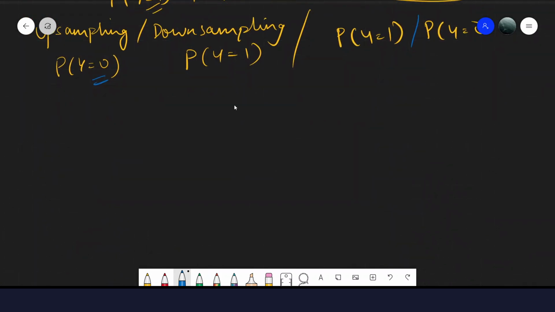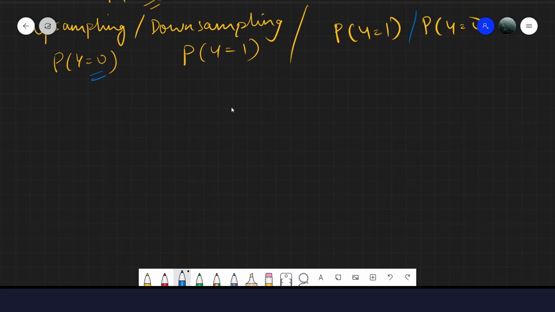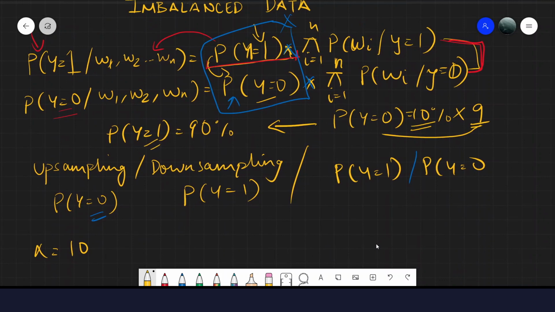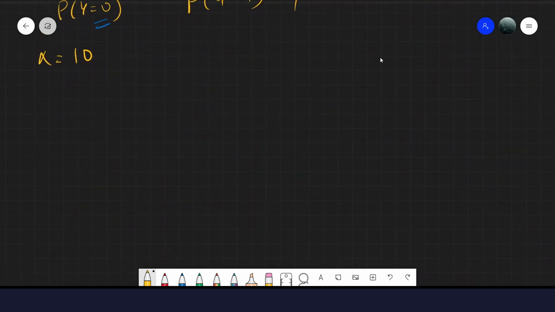Now, one other thing which people can assume that happens is, when you set the value of alpha, like we saw in the previous video on additive smoothing. If you set the value of alpha to something, let's say alpha is 10. Now let's just take for example that my class 0 is very small, right?